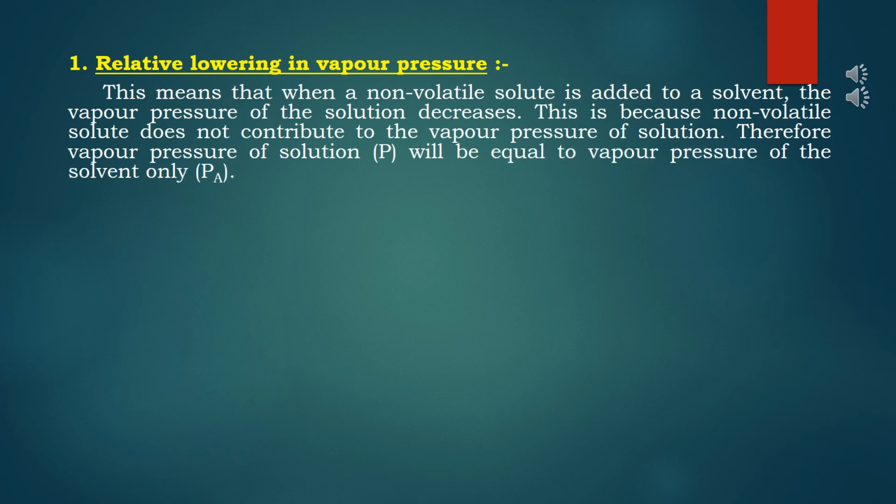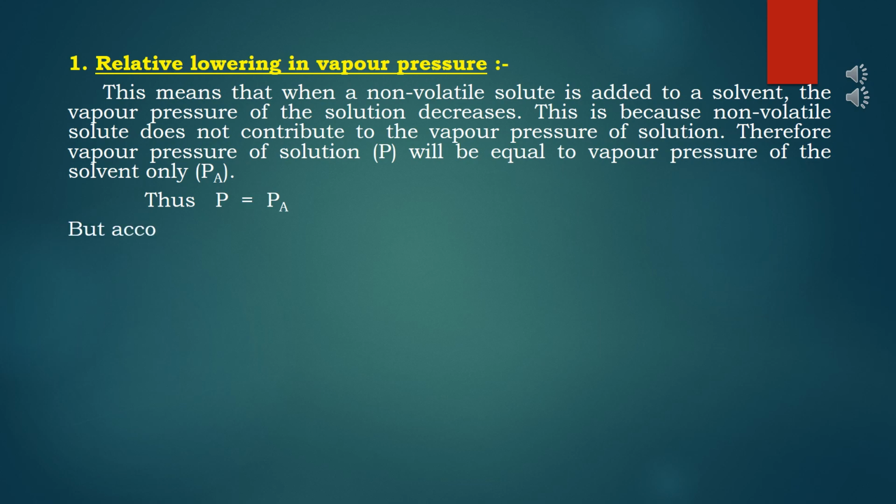Therefore, the vapor pressure of the solution, that is P, will be equal to the vapor pressure of the solvent only, that is PA. Thus, P is equal to PA, that is, the total pressure of the solution is only due to the vapor pressure of the solvent.